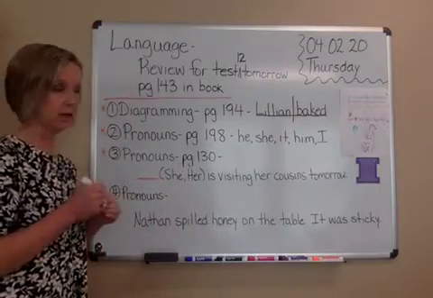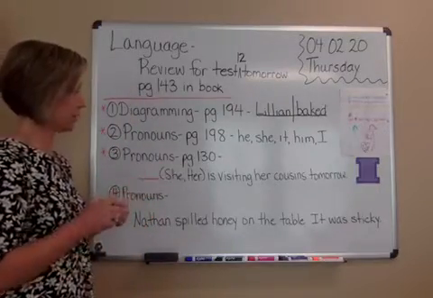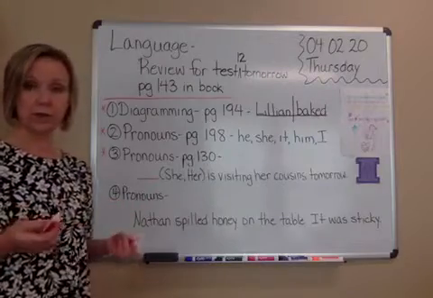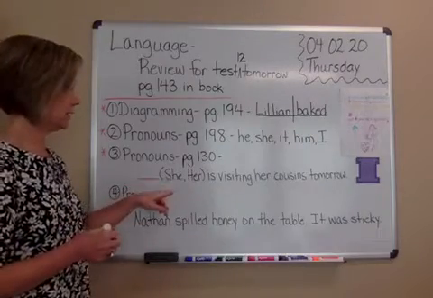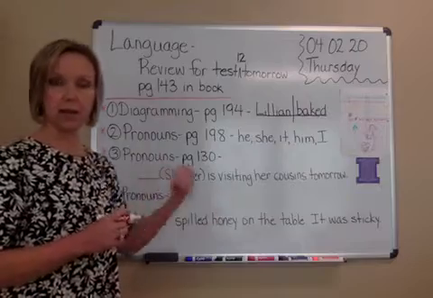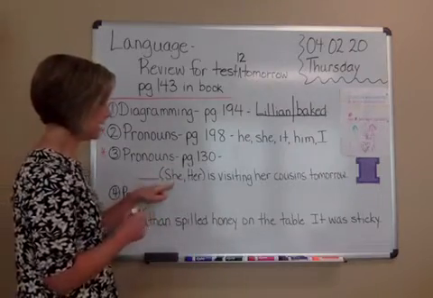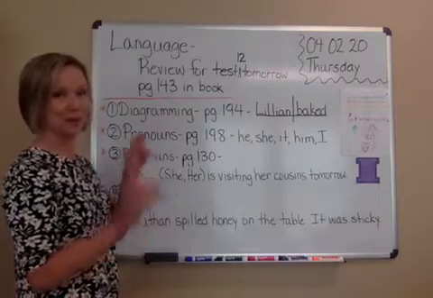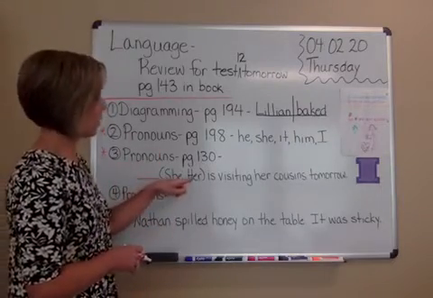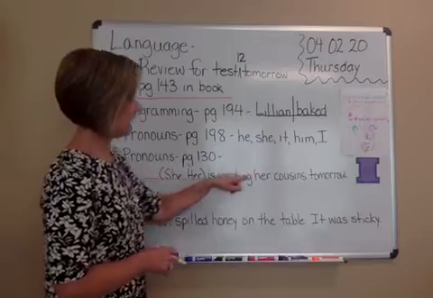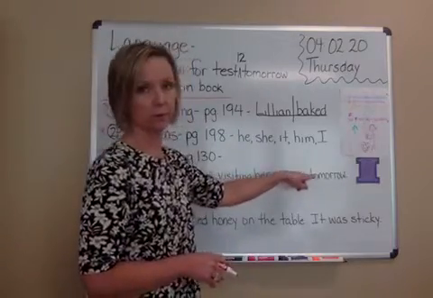If you remember that was around page 130. So the first thing we had to do was to divide between the subject and the verb, just like we've always done. So we're going to divide: she or her is visiting her cousins tomorrow.